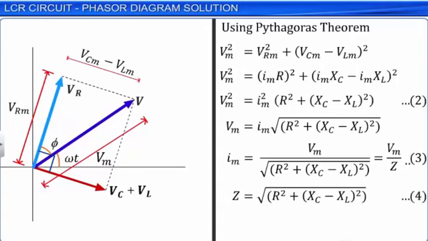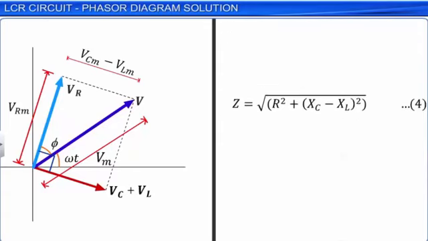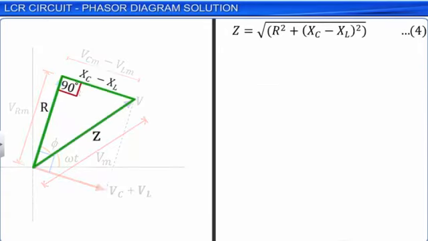The impedance equation can also be written as Z square is equal to R square plus Xc minus XL square. This equation represents a right-angled triangle as per Pythagoras theorem. This triangle is called the impedance diagram.